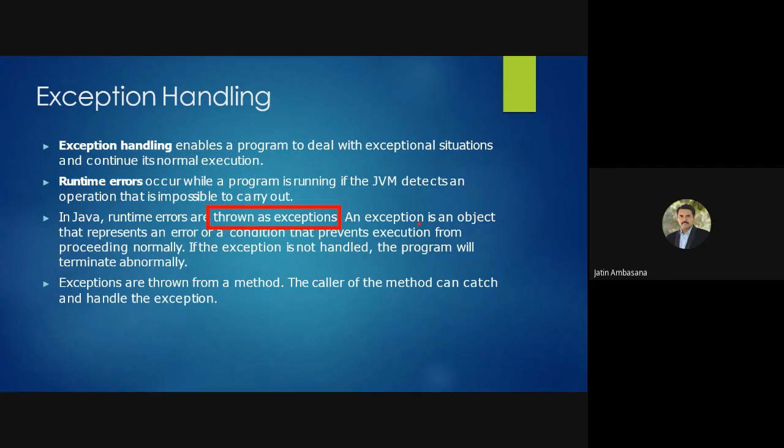So how do we catch it? In the form of an exception, which is nothing but an object. Java deals with objects, so the error itself is converted into an object and can be caught by our program. An exception is an object that represents an error or a condition that prevents normal execution of the program.